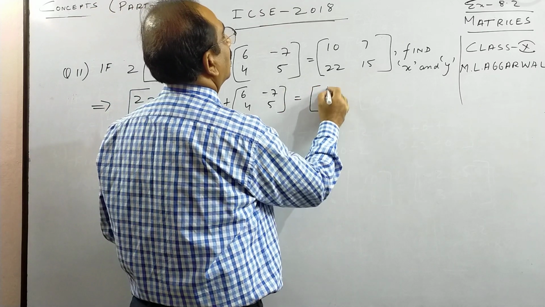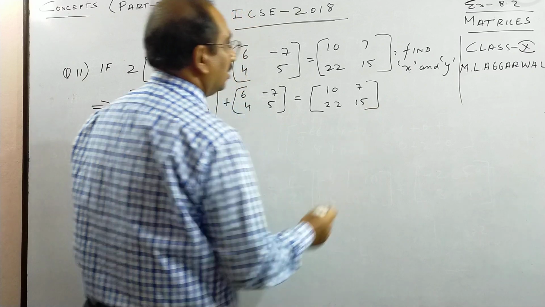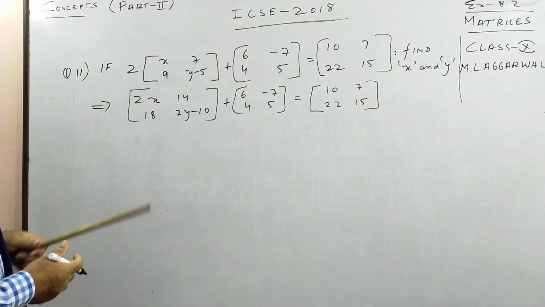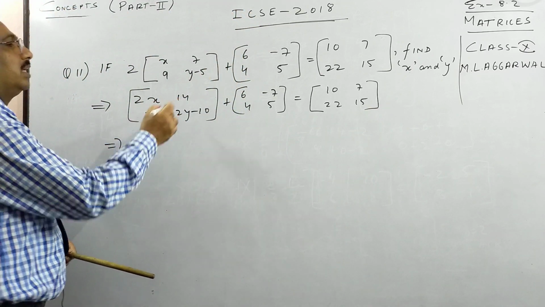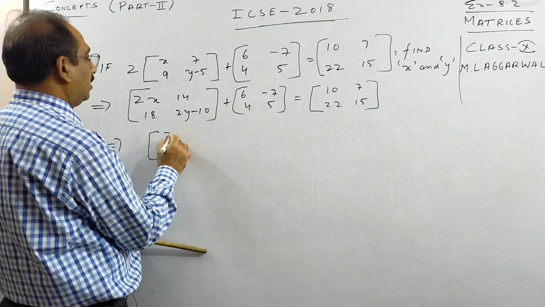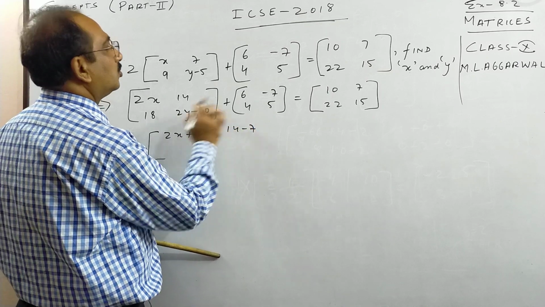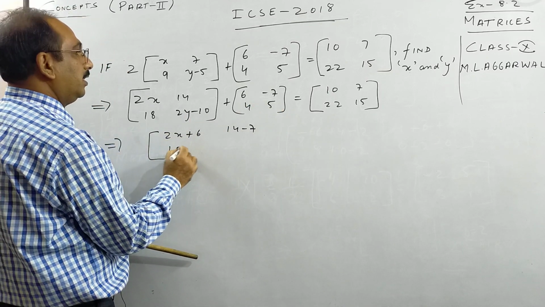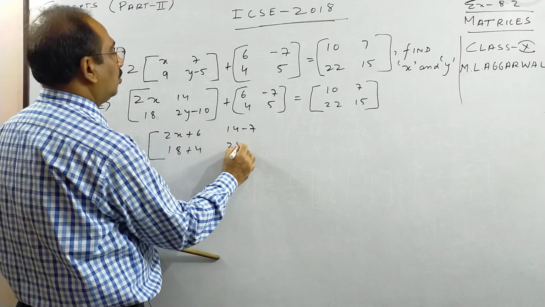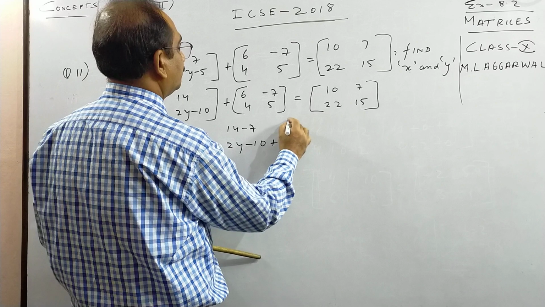One thing I have taught in my previous video: if you see equality of matrix, before I make them equal, these two I add, they have the same order. We add 2x plus 6, 14 minus 7, and these two I am adding, 18 plus 4, 2y minus 10 plus 5.